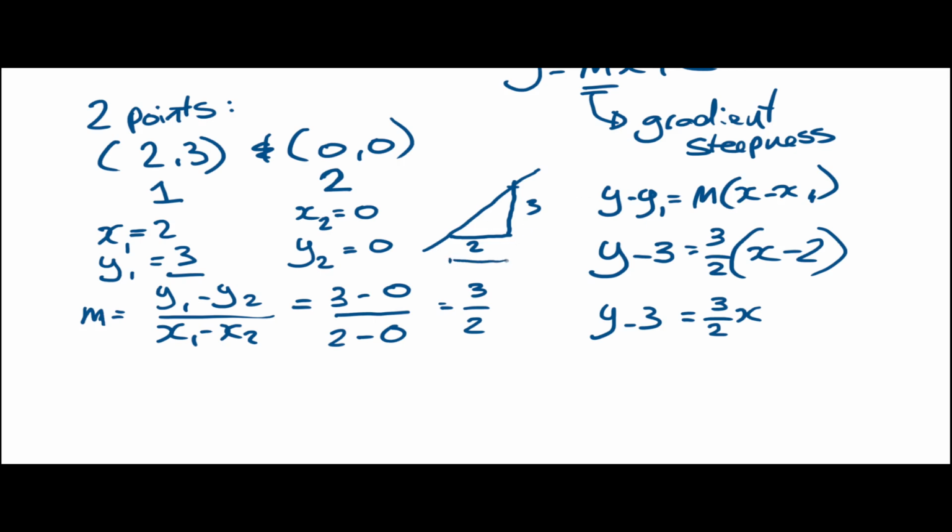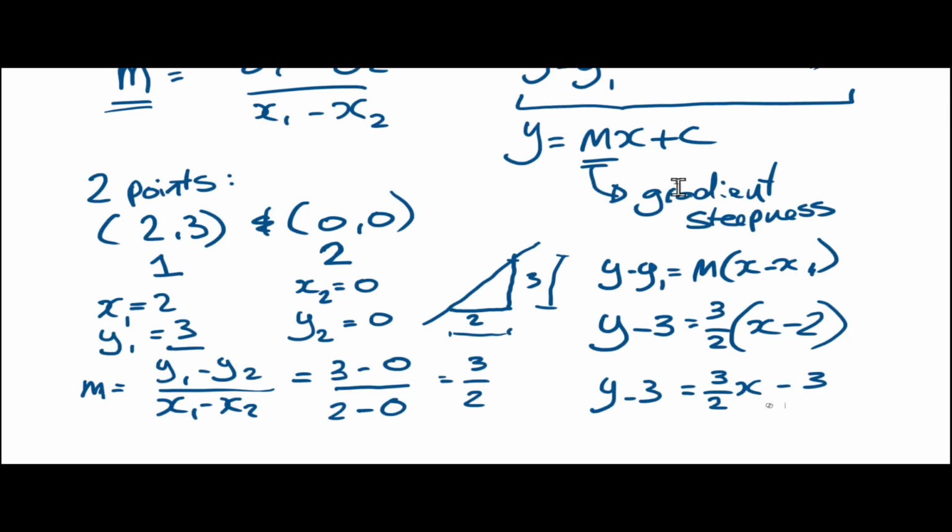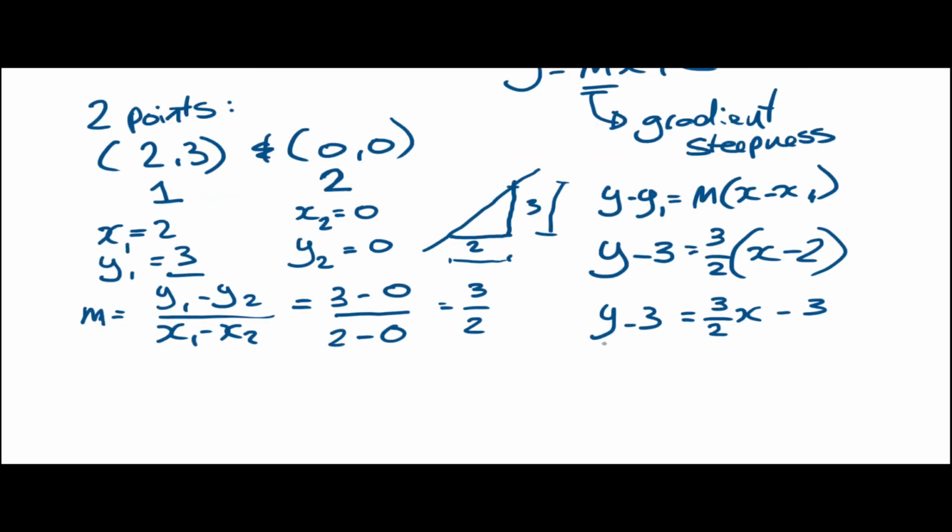It's this 3 over 2 business. And 3 over 2 times -2 is -3. And now we're almost done. We're almost in this mx plus c form. The only step that we need to do now is to add 3 to both sides.